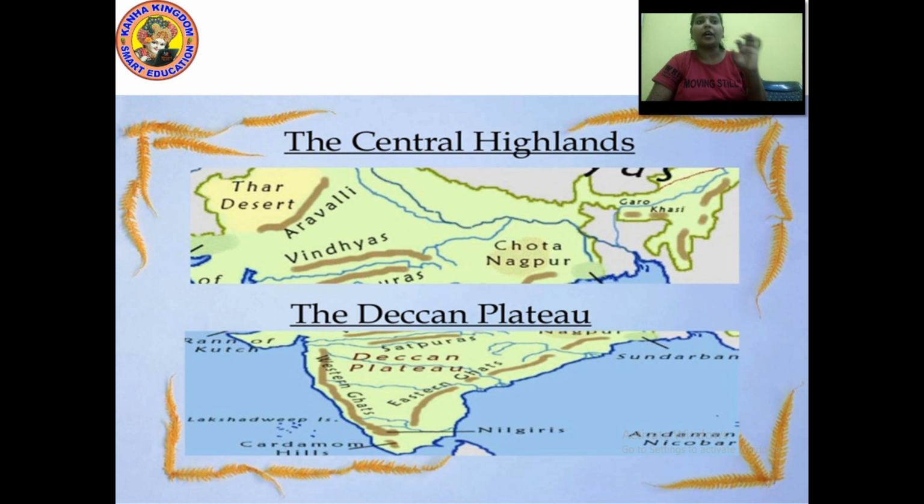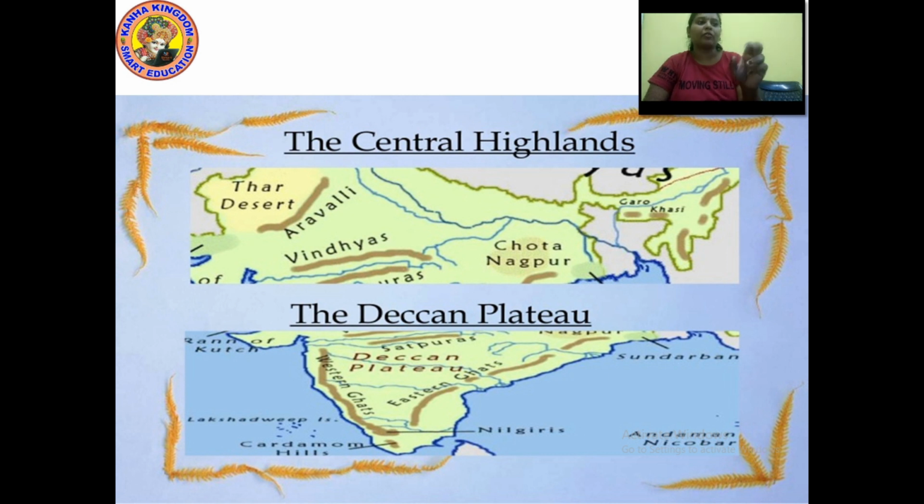Now here there are two different maps. One is showing you the Central Highlands and another one is showing you the Deccan Plateau. In the northern parts there are the Thar Desert, Aravallis, the Vindhyas, the Chota Nagpur, and the Karo Khasi regions. They all come in the Central Highlands.